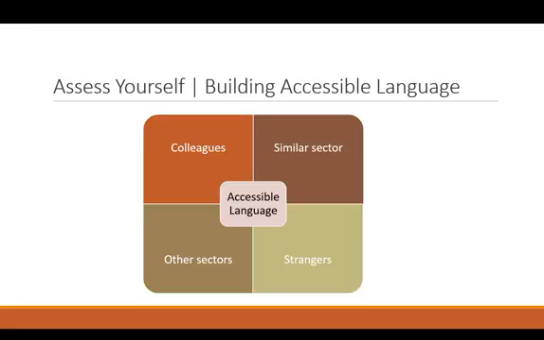On the other side, and here's where we go back to your usual and unusual suspects. The strangers are your unusual suspects. And as you can see here, there's sort of ranges to the unusual suspects. If you're communicating with someone with lived experience, for example, how does that language change?